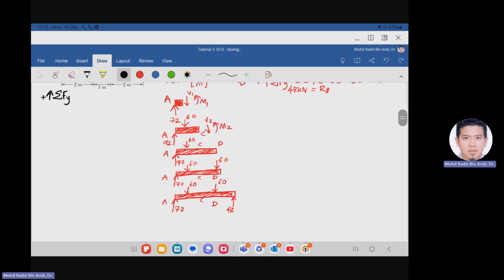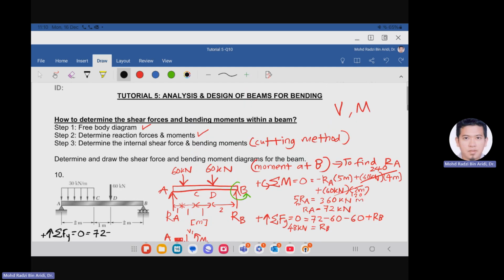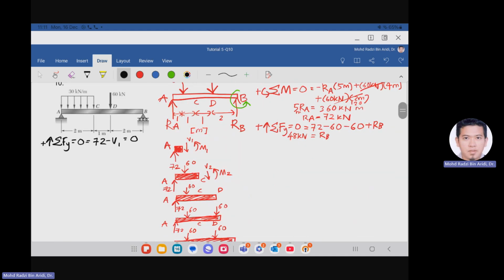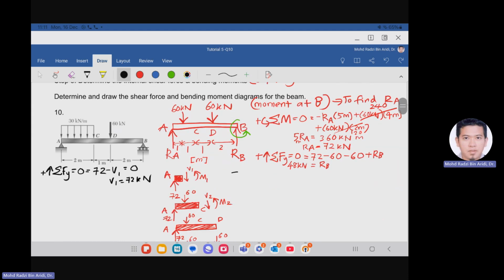Every time we cut, our V will be going down, V1, and then the moment will be counterclockwise, M1. So for the first cut here, we can find our V1 and M1 by taking 72 minus V1 equals 0. Since we only have one arrow at 72, V1 will be equal to 72 kilonewton.